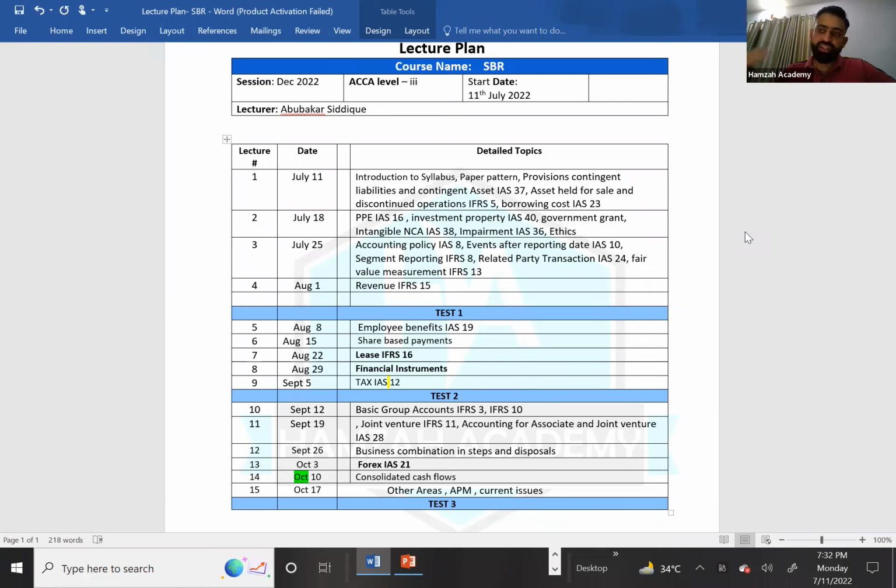If you give that AAA paper without studying SBR, you are going to face a lot of challenges. So this paper is also going to help you in Advanced Audit and Assurance as well.